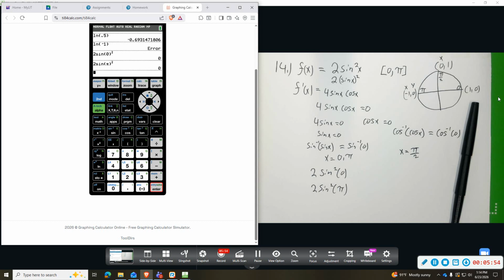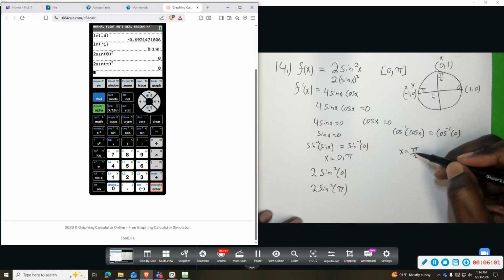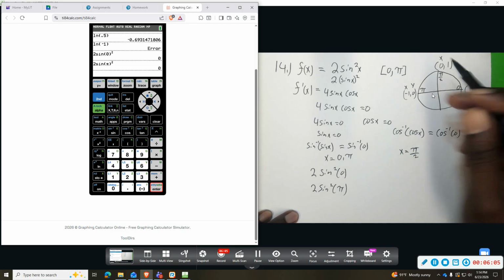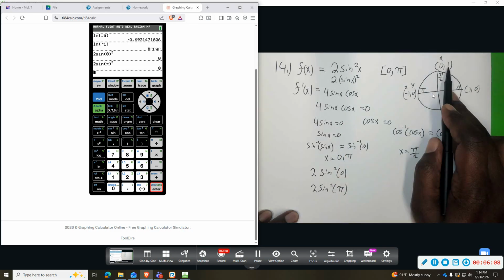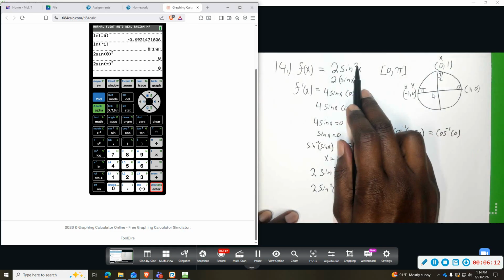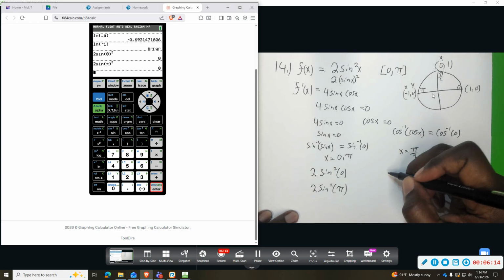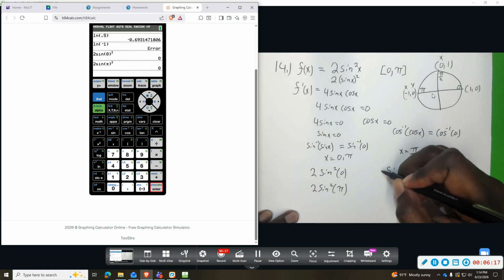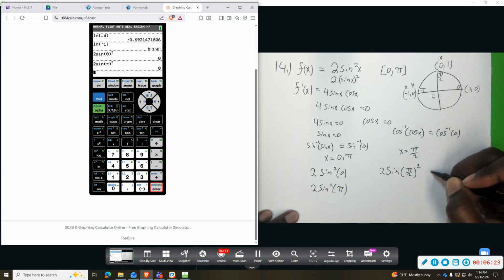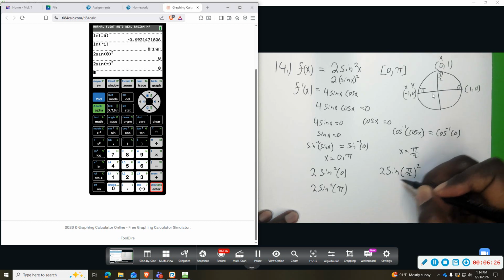That's coming from our unit circle as well. But if we plug in pi over 2, sine of pi over 2 is going to give us a y value of 1. Squared is still 1, times 2 gives us 2.